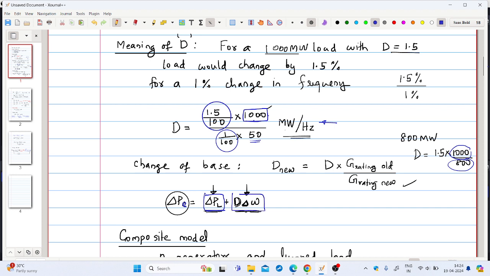When there is a change in frequency by delta omega, their power consumption will change by D times delta omega, as per the definition of D mentioned before. The sum of these two components contributes towards the total electrical power output change. So delta P, the total electrical power output change in the generator, is equal to the change in load power due to the frequency insensitive loads plus the change in load power due to the frequency sensitive loads.